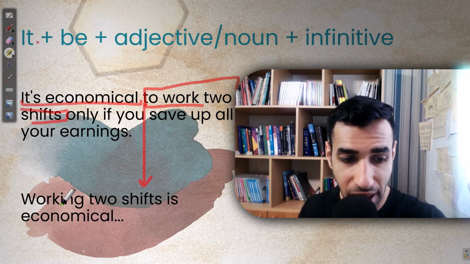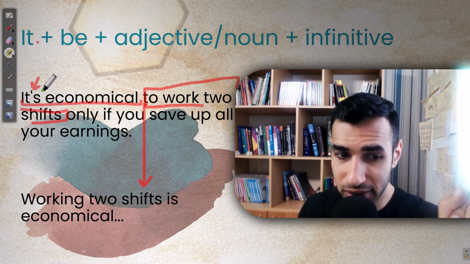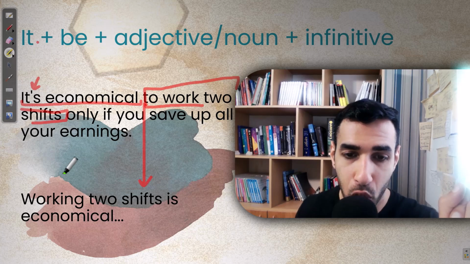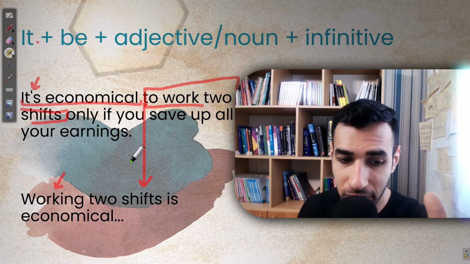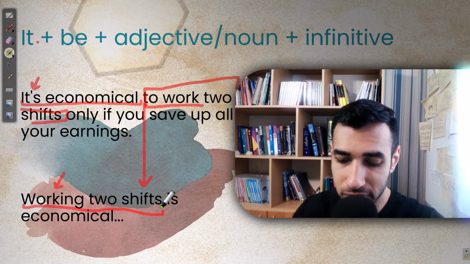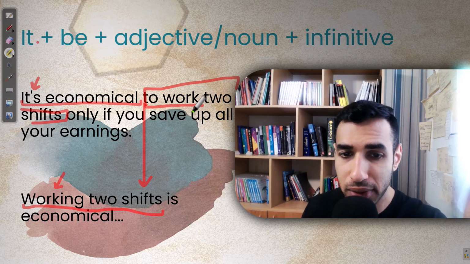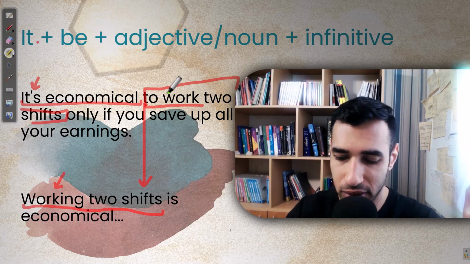Infinitive converts to gerund. Here it is the subject of the sentence. But now working here is the subject of the sentence. The gerund phrase working 2 shifts acts as a subject. But here to work 2 shifts acts as a transition word.